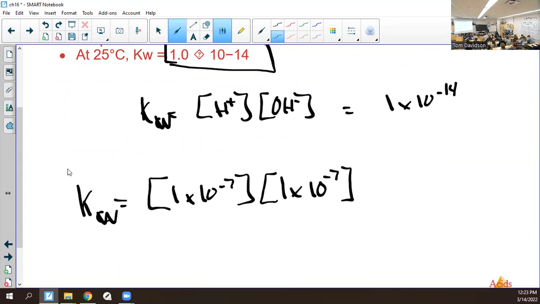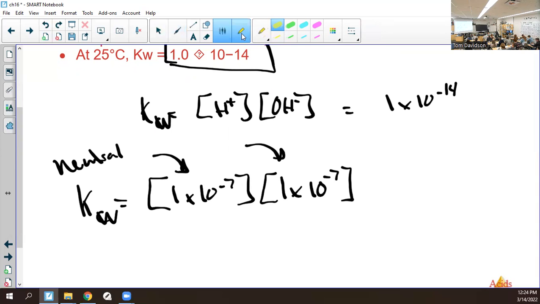Now, at neutral, my A and my B are equal, correct? Can someone tell me the pH of a neutral solution? 7. Look right there. The only way these can be equal is if they both have a concentration of 1 times 10 to the negative 7.